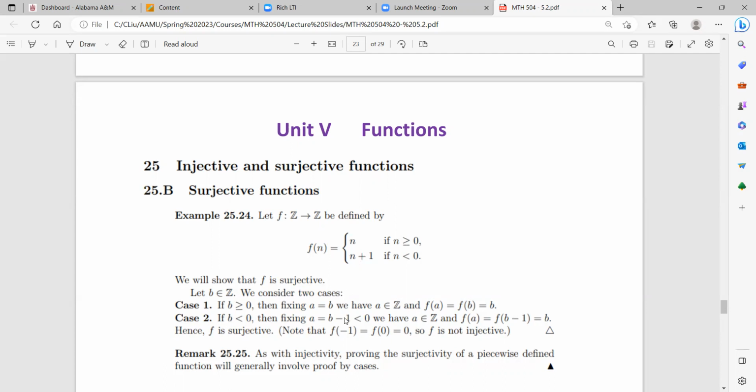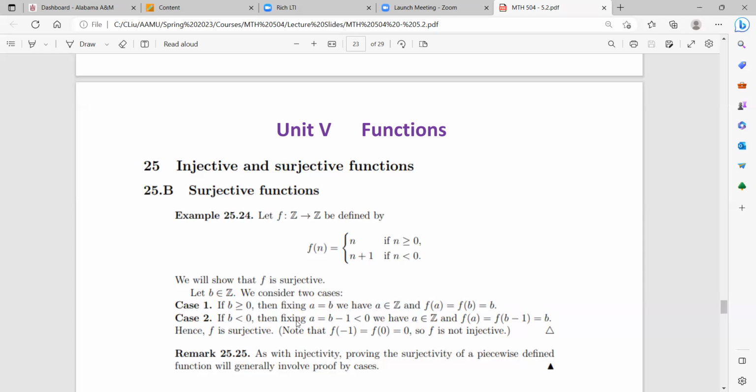Just plug in b minus 1 for n in n plus 1, so we get b minus 1 plus 1, which is b. So again, f of a equals b. In this case, we also found the negative integer a such that f of a equals b. So this a is also in the domain.